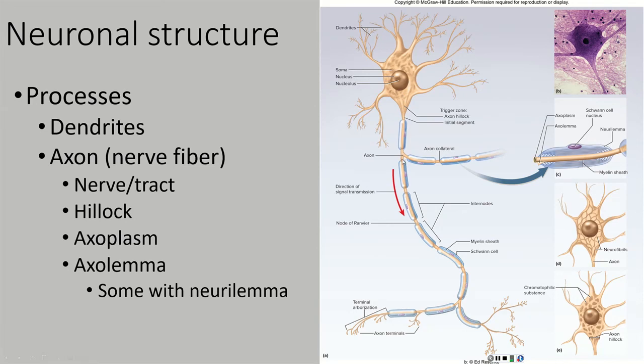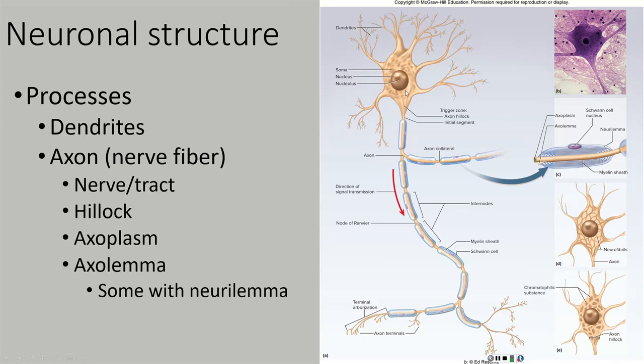So moving down into the axon, the cytoplasm is called the axoplasm. Axoplasm is just the cytoplasm inside of an axon. There's a lot of cytoskeleton here, but there are not very many organelles here.